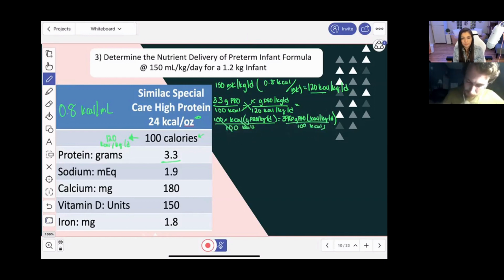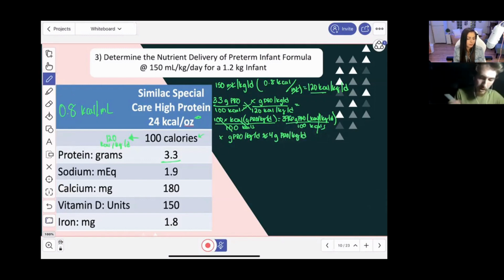So those are going to cancel, and then the calories are going to cancel, and that's going to give us a total of approximately 4 grams of protein per kilogram per day. The actual value is about 3.96, but we can round up for the time being. So it's going to be 4.